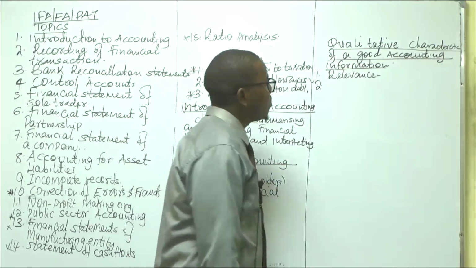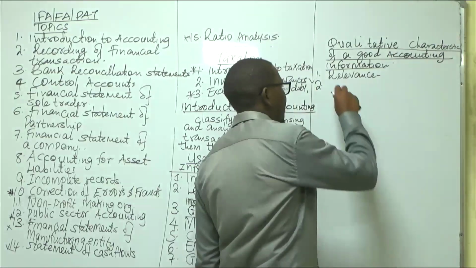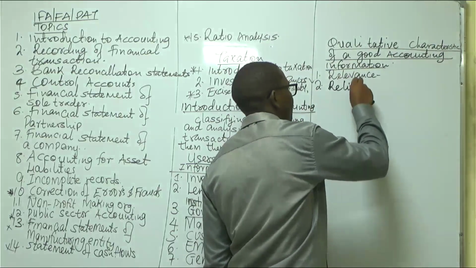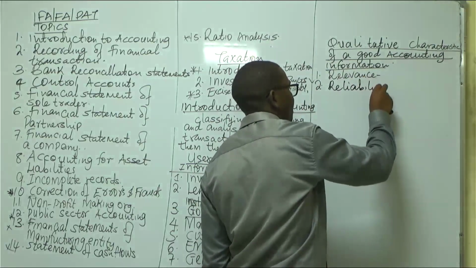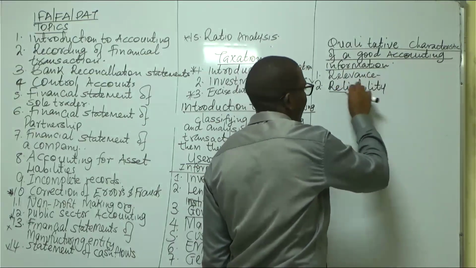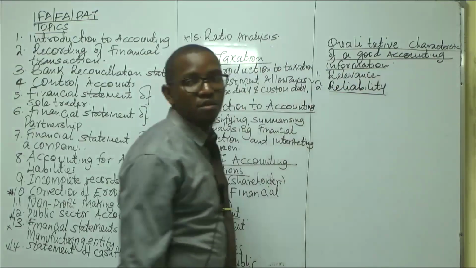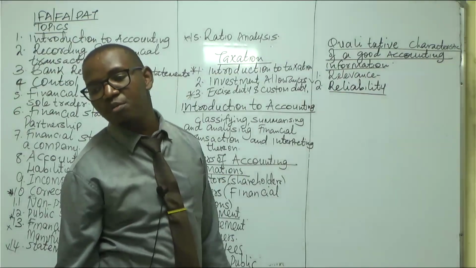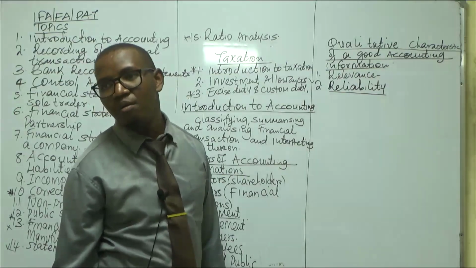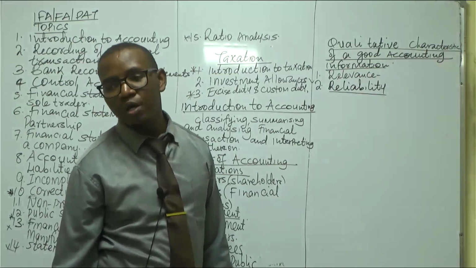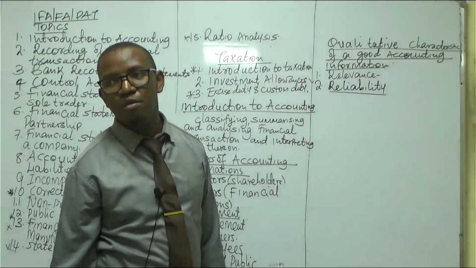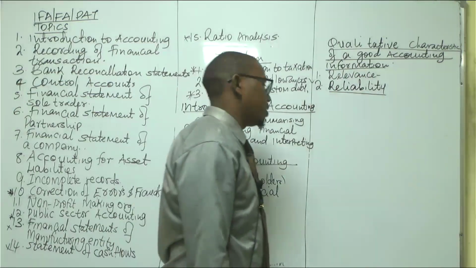So that is what we mean when we talk about relevance. Next is reliability. Say a good accounting information must be reliable.